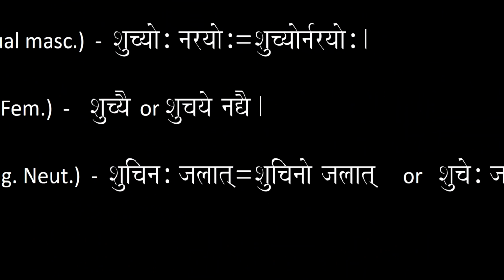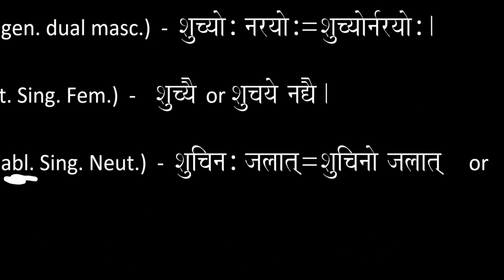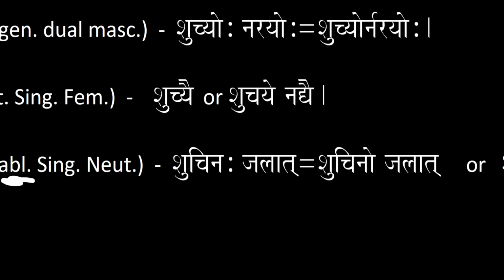The first example is how it would be if we were to decline it like vari. That's why you have suchinaha jalat, because if this was vari, ablative singular would be varinaha.